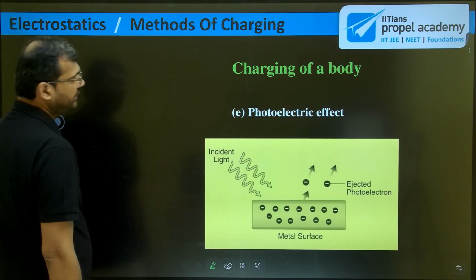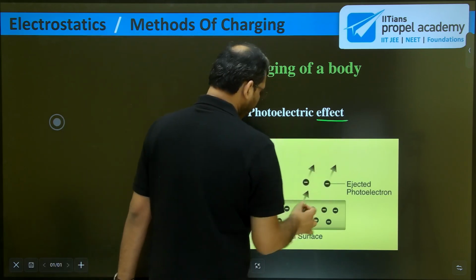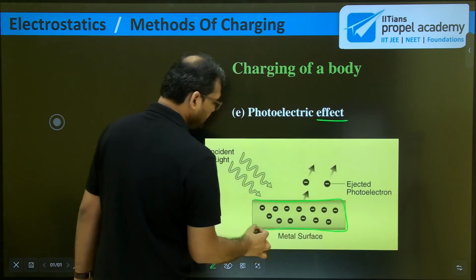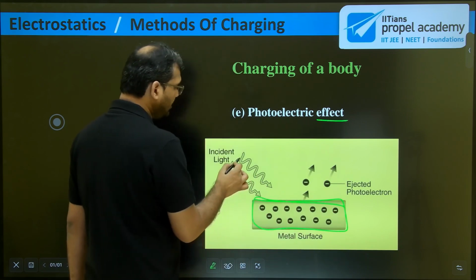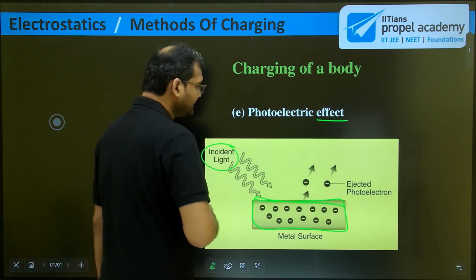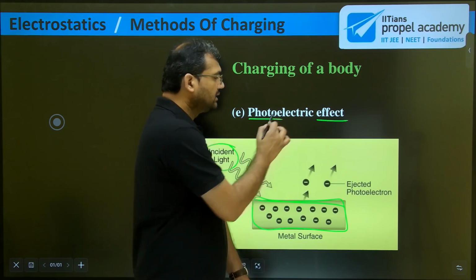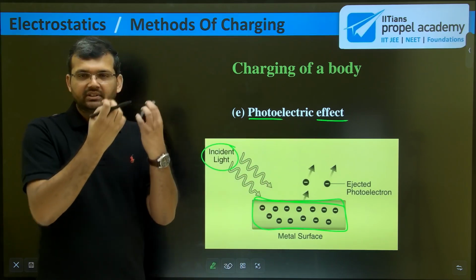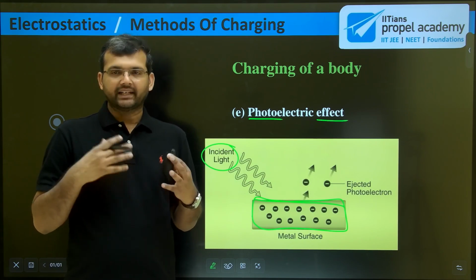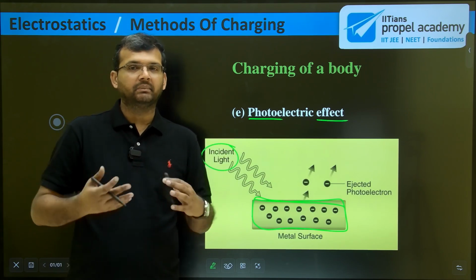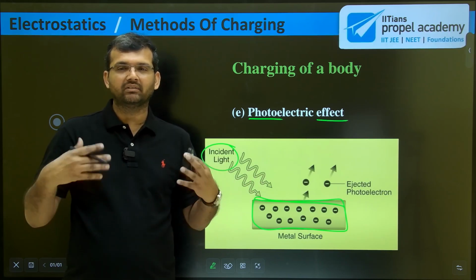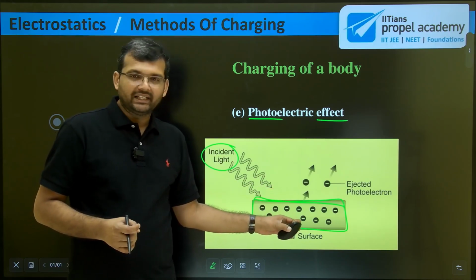Photoelectric effect. As I said, every metal will have many free electrons. Now give energy with the help of light. Instead of heat energy, give energy from the light. It may be infrared, it may be ultraviolet, whatever it may be, depending on the metallic nature.